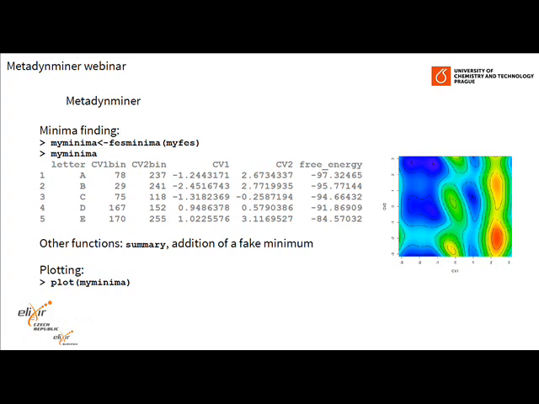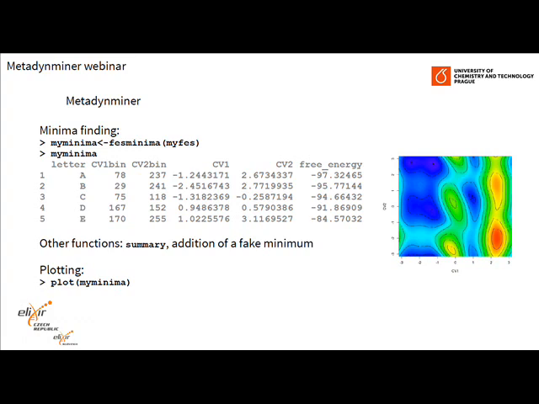You can also make a summary function, which provides you, for example, a prediction of populations, and you can also add what I call a fake minimum. So, for example, if this function FES minima fails to find your favorite local minimum, or if, for example, you want to add some reference value which is not really a minimum, like some plateau, you can add it as another minimum.